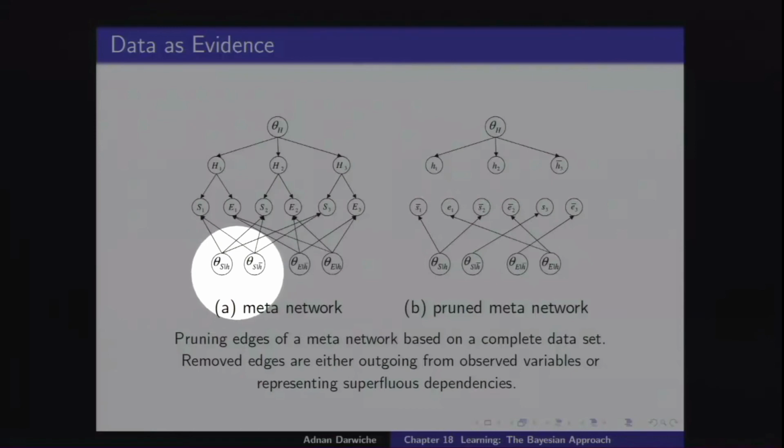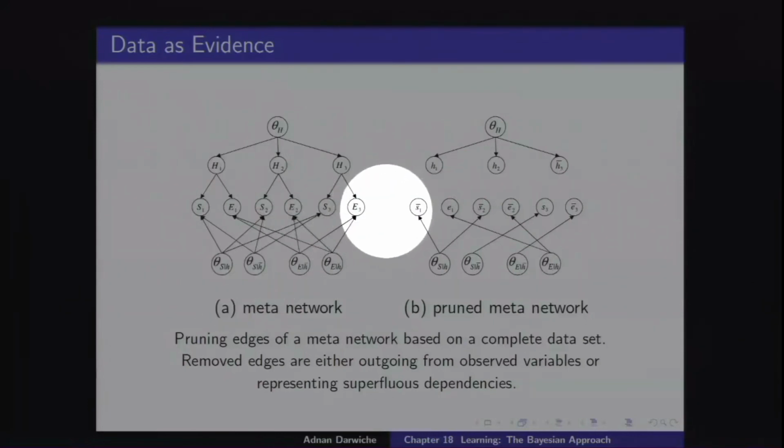One of them is relevant when H is true. The other is relevant when H is false. When the value of this is true, then this guy depends on this parameter set. And this is no longer relevant. Second guy, correct? That is the second reason, or the second principle for pruning edges.